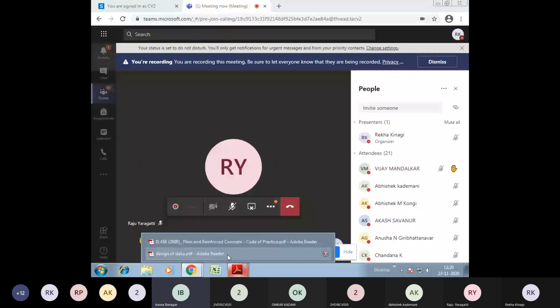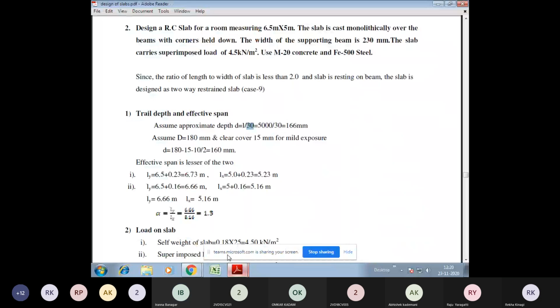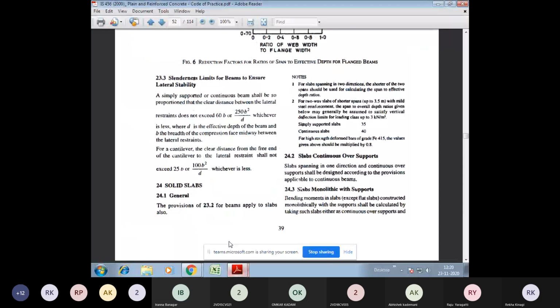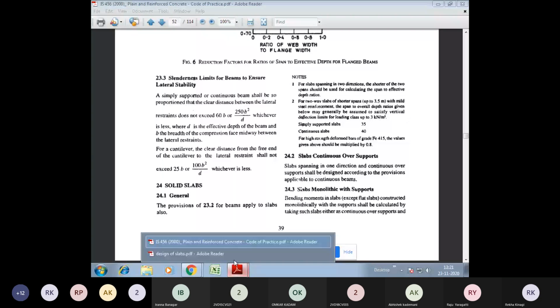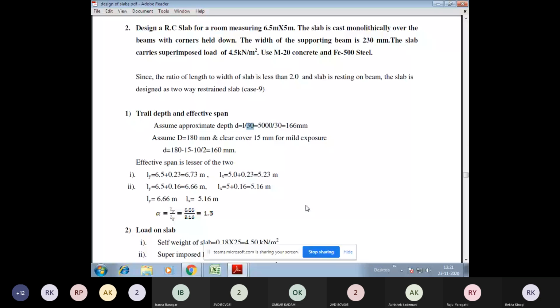Is it visible now? Yes, ma'am. Is this visible now, the codebook? Yes, ma'am. Okay, so let's continue. Initially, was it visible, or should I explain it once again?